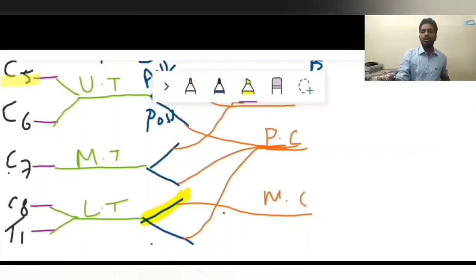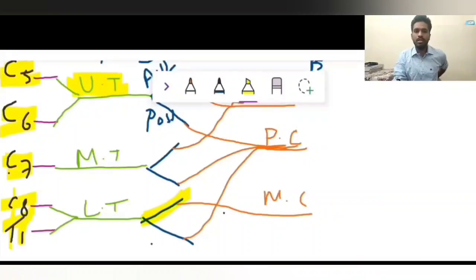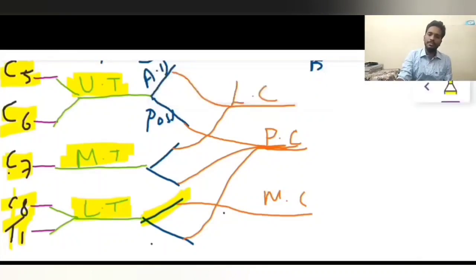Now, C5, C6, C7, C8, T1 were the roots. They continued as trunks: upper trunk, middle trunk, and lower trunk. Each trunk had two divisions: anterior and posterior. The anterior divisions of the upper trunk and middle trunk combined to form the lateral cord.